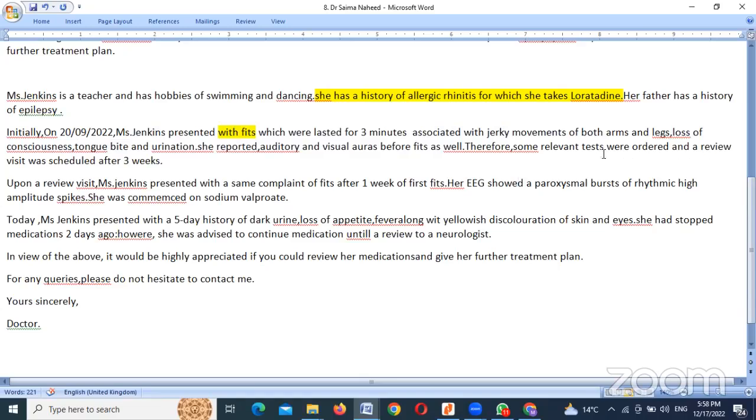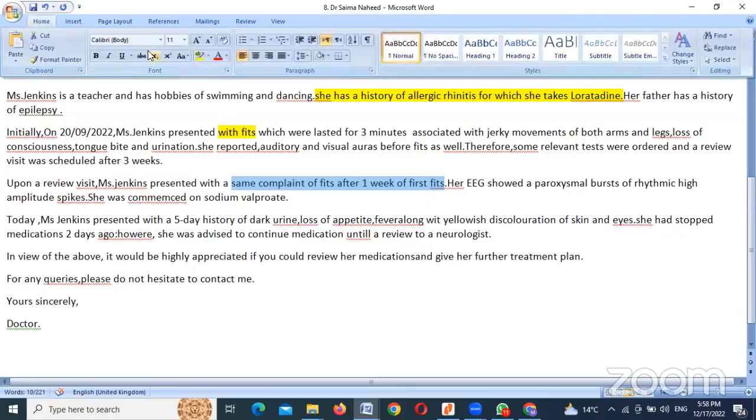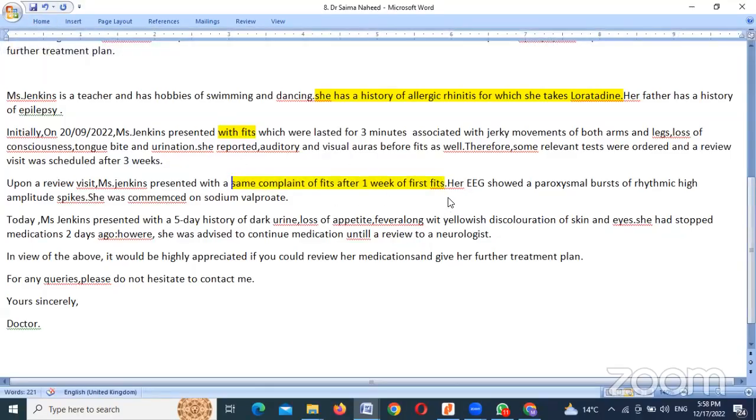Some relevant tests were ordered, and a review visit was scheduled after 3 weeks. Upon a review visit, Ms. Jenkins presented with a complaint of fits after 1 week of first fit. Complaint of fits after 1 week of fits. It needs improvement. Use typical style.